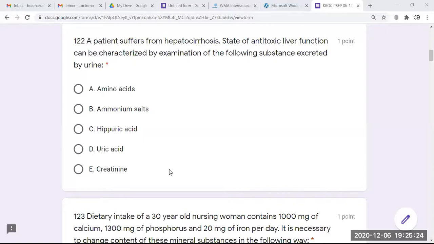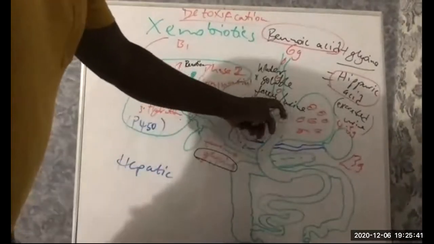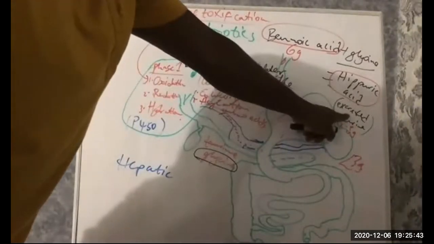Once glycine is added to the benzoic acid, the product that will be formed is called hippuric acid. Now this hippuric acid is water soluble because we said after phase 2, the products that are formed are water soluble, right? And either it is excreted in feces or urine, but this hippuric acid is excreted in urine.